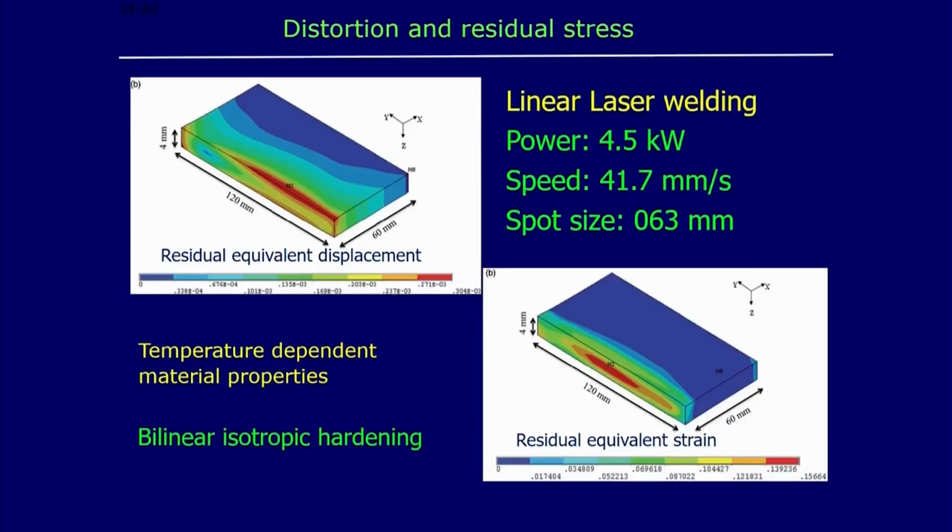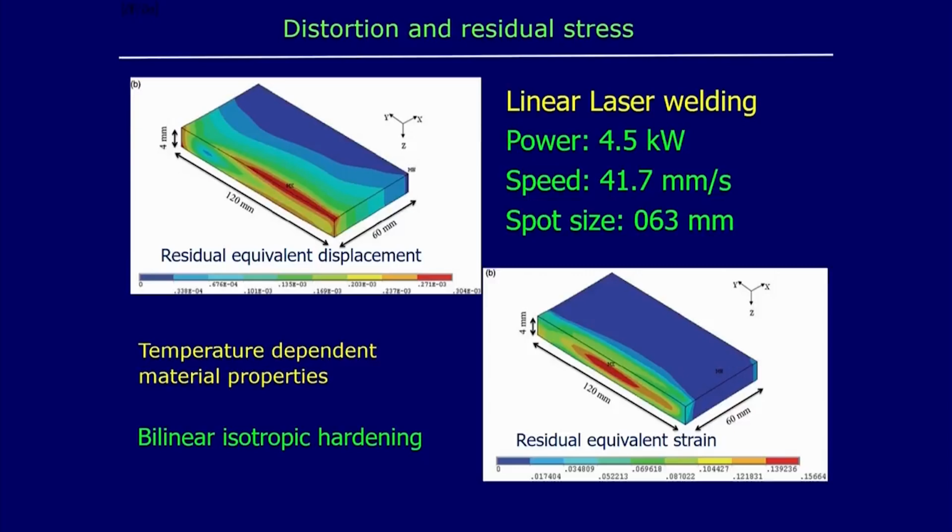And of course, in another case, a laser welding process: power 4.5 kilowatt, speed 41.7 millimeter per second, and spot size 0.63 millimeter. Here you can see, using temperature dependent material properties and bilinear isotropic hardening, in the first case the residual equivalent displacement.